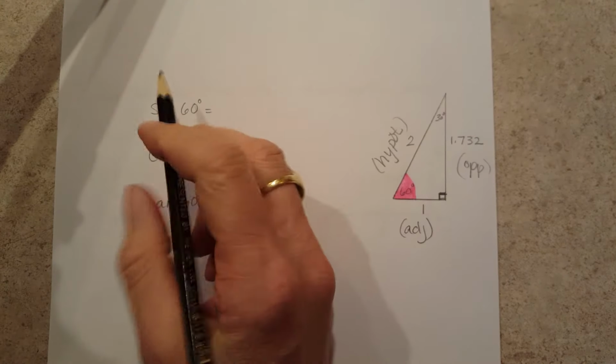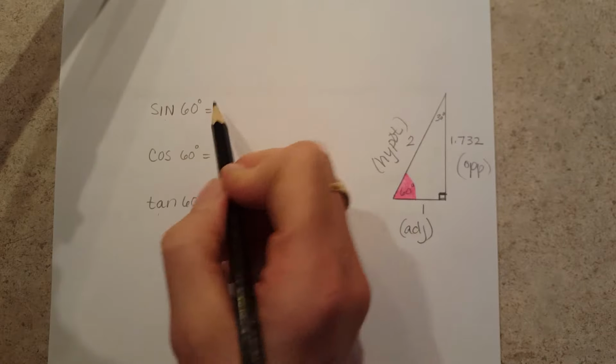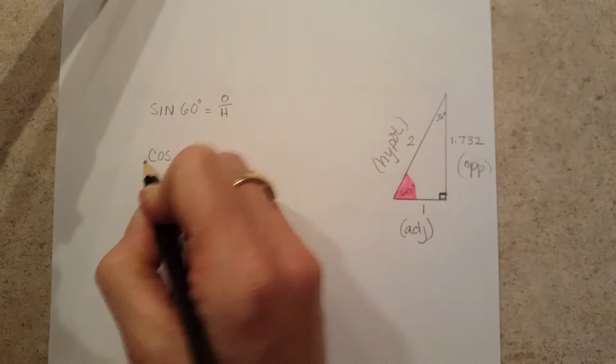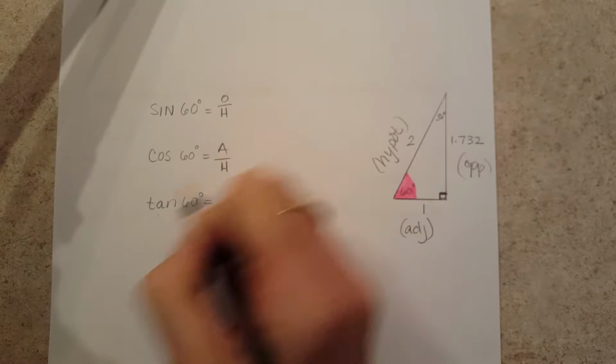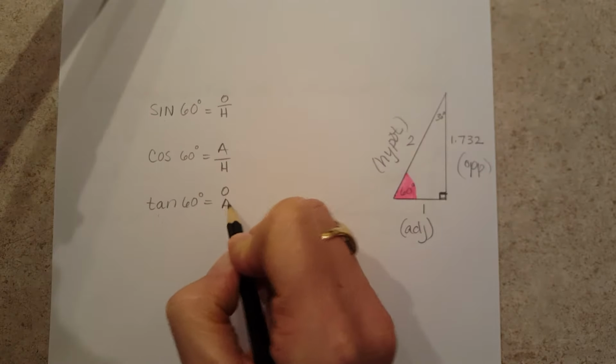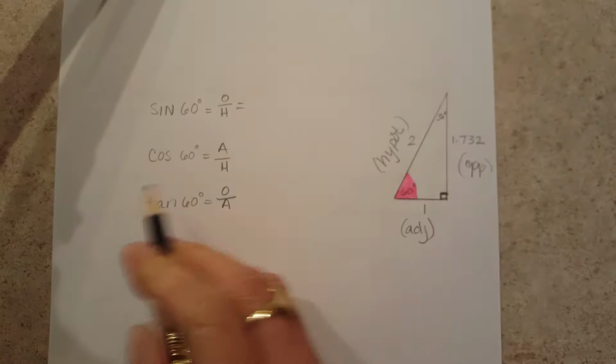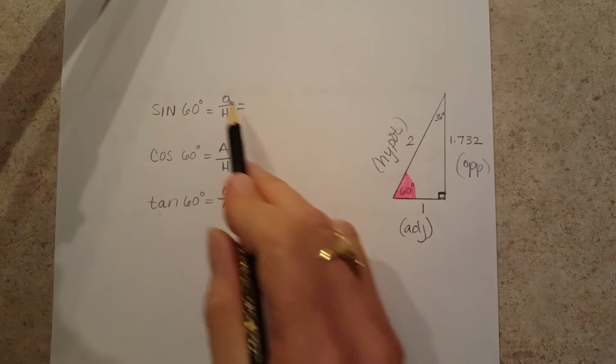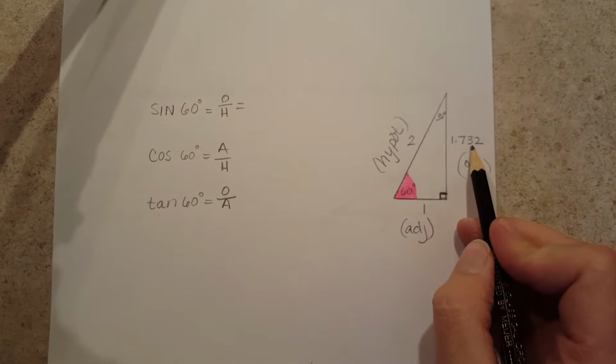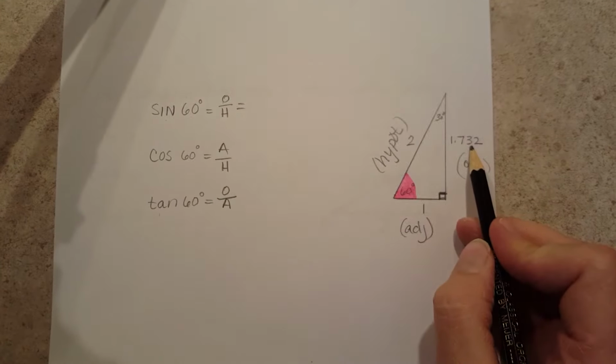Okay, let's try to write this out first. SOH, CAH, TOA. All right. This is what we're working with. We need opposite over hypotenuse. Opposite over hypotenuse. Okay. Now, sometimes in your book they're going to ask you to use the calculator and round it.